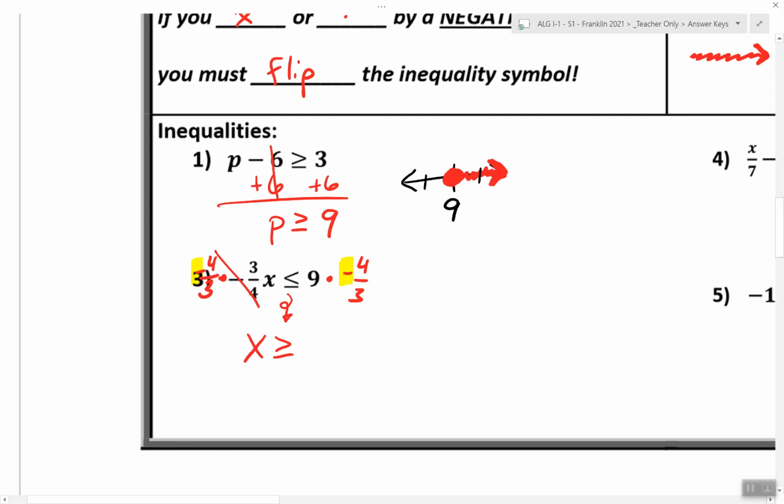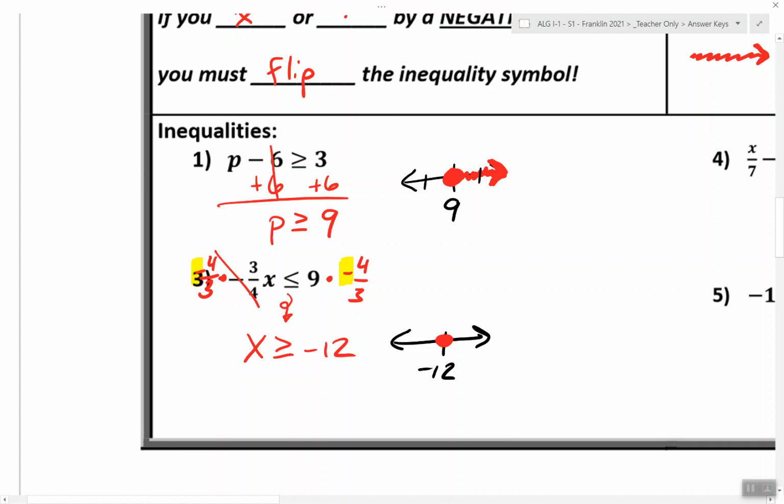So 9 times negative 4 is negative 36 divided by 3. That's negative 12 for our solution. So we've got our number line here, centered at negative 12. And x is greater than or equal to negative 12. So we are going to fill in that circle, greater than or equal to.